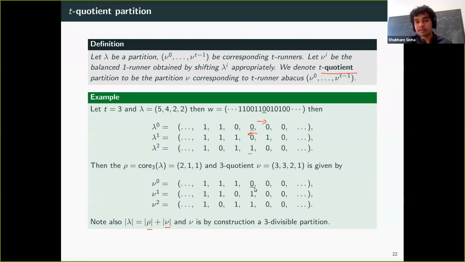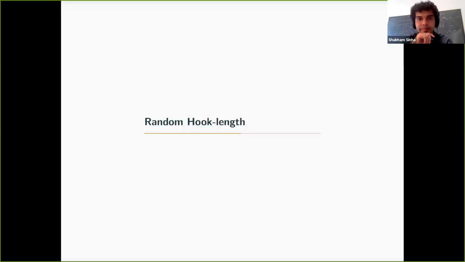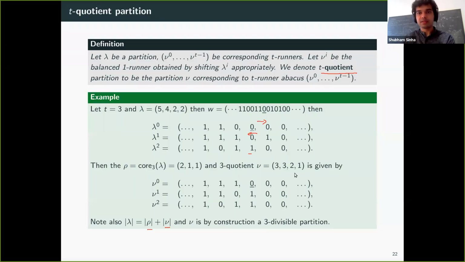So here this is a T divisible partition. When you balance each row, that means when you remove the T cores, what you end up with is the balanced one runner corresponding to it. So these are T divisible partitions. Any questions? So this was a background on abacus, but now let's go to the main result.